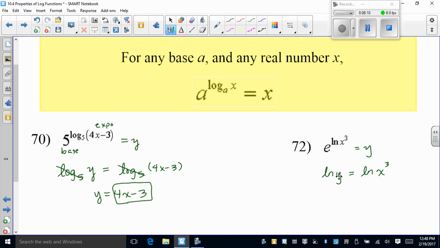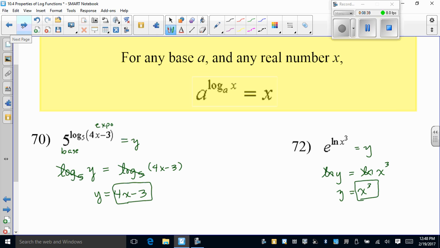The logs are exactly the same on each side, so we can separate them out. So we get y equals x cubed. And there's our answer. So you find this, the base is the same as the base. Get rid of the e, get rid of both the bases and the log, and whatever's left is your answer.